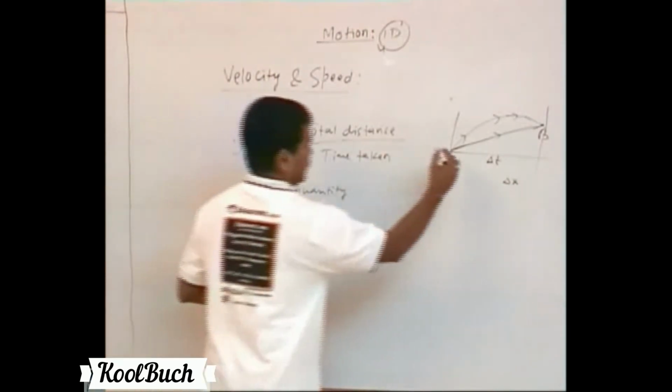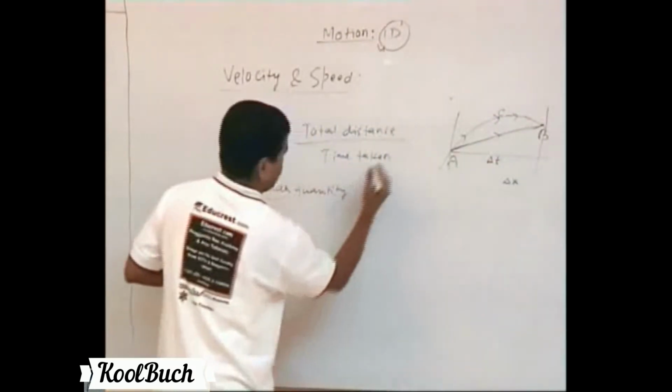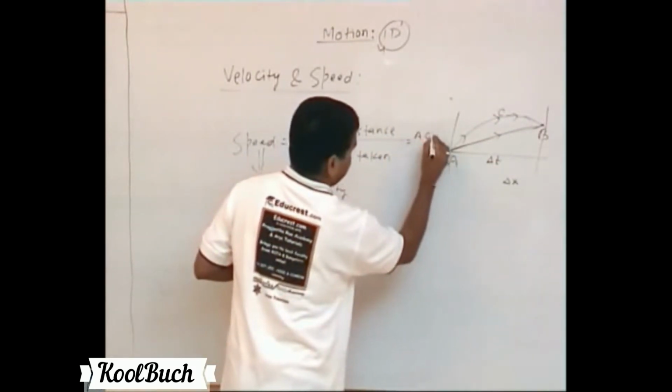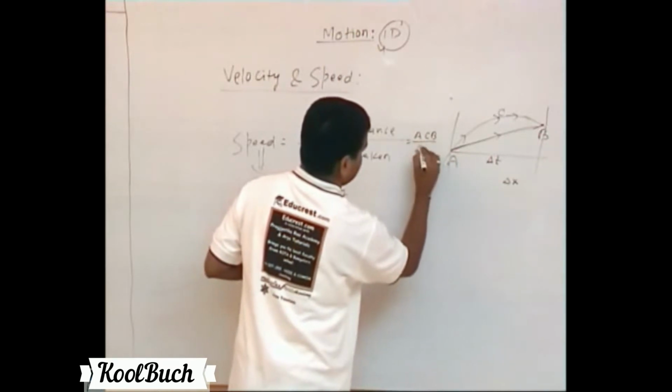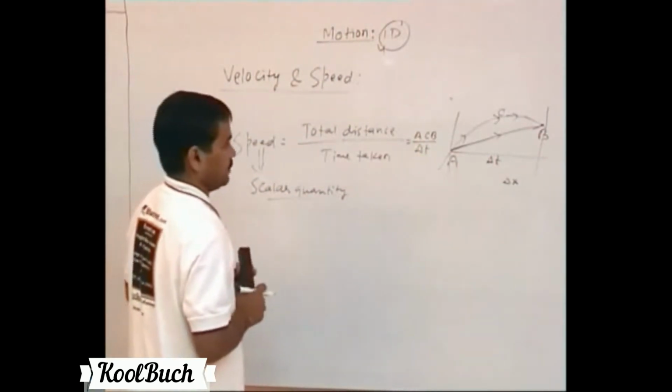So in this case ACB, the distance could be ACB divided by the time taken delta t, which will give us speed or average speed.